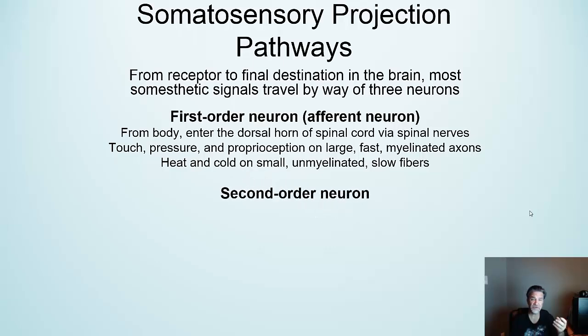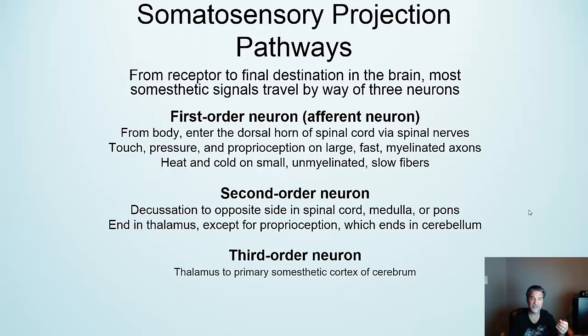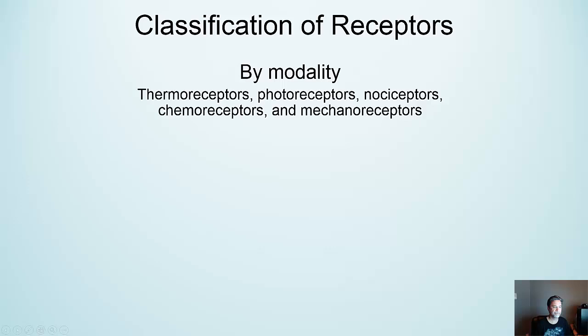Then the second order neuron is going to carry that information from the entry into the spinal cord up to the thalamus. And then we will have the third order neuron that will carry that information on up to that particular region in the postcentral gyrus, the somatosensory cortex.